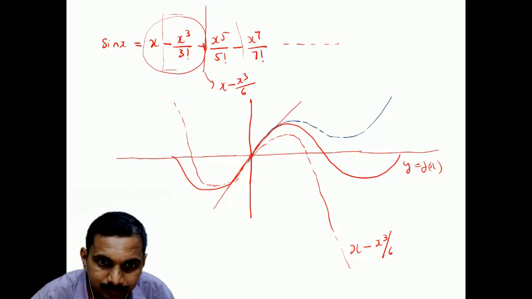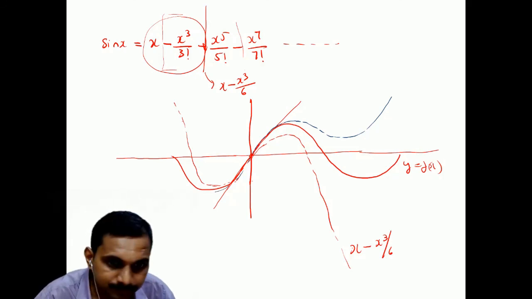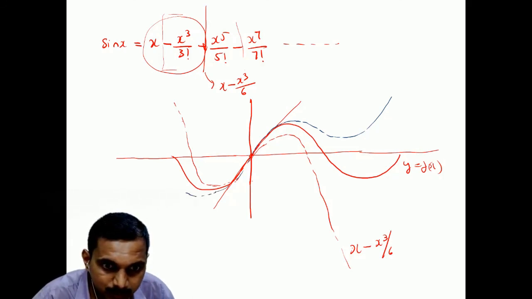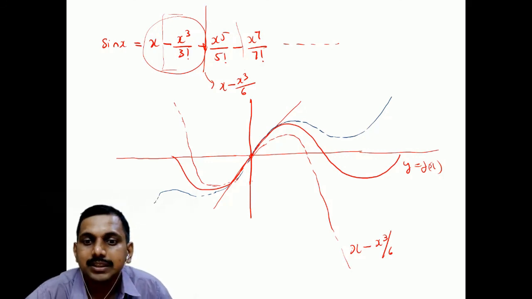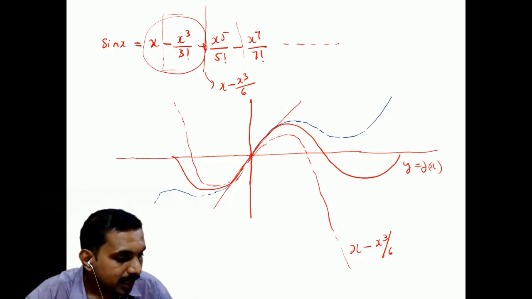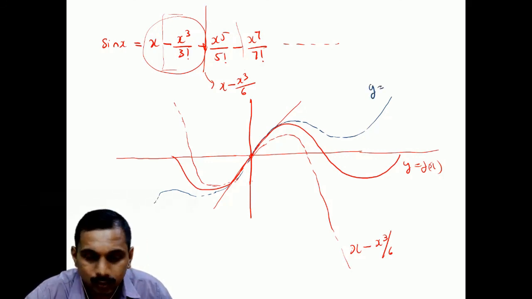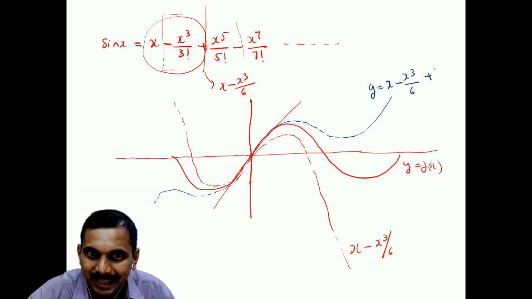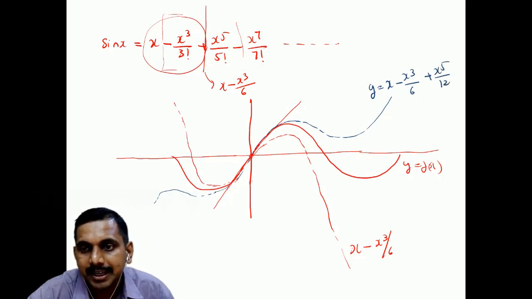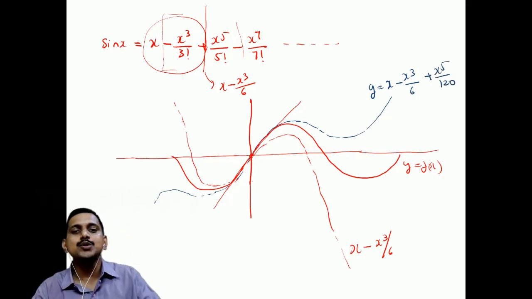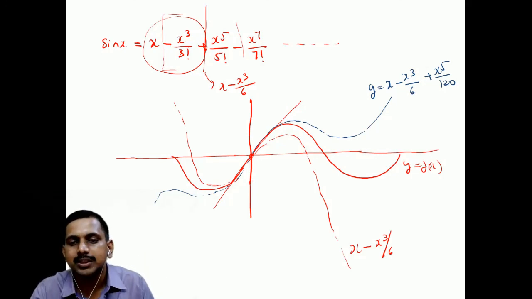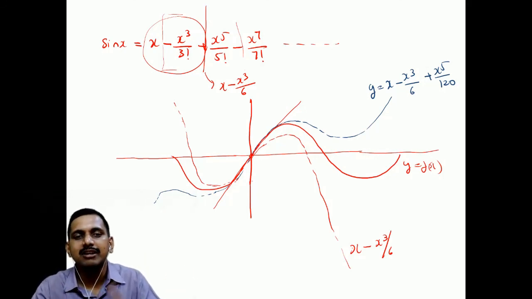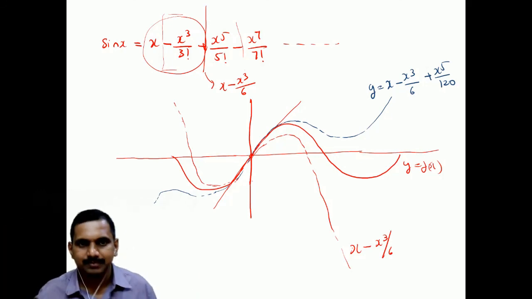This would be y is equal to x minus x cube by 6 plus x power 5 by 120. So you see, as you add more and more terms, the curve becomes closer and closer to sin x. I hope you get the point.